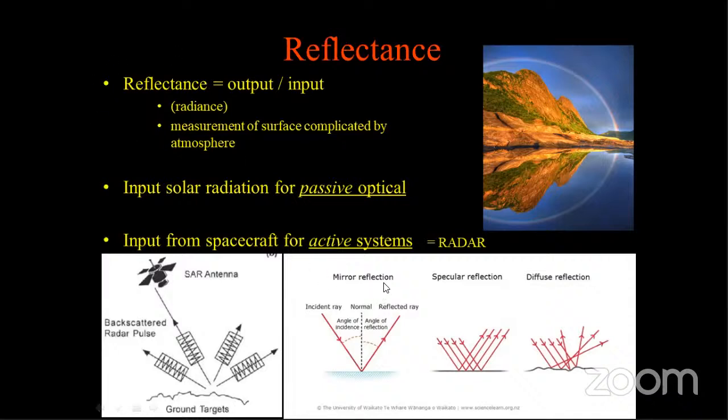Mirror or specular reflection, and diffuse reflection. This is basically what is required for optical remote sensing purposes. While in SAR, you have backscatter values. This is similar to reflectance, but a different term is used, where maximum energy returns towards the sensor, which was sent by the sensor itself.